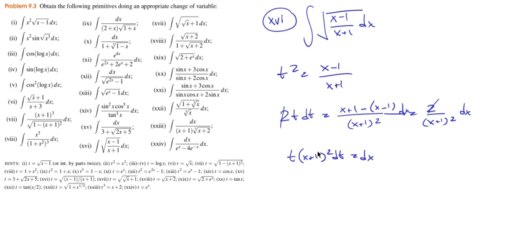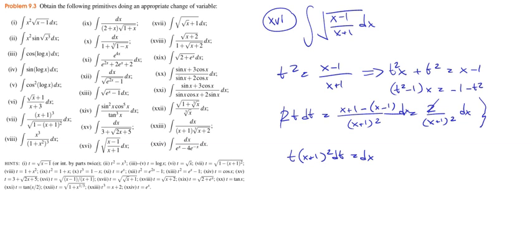So now the question is how to express x in terms of t. So you have to solve this equation. You have t squared x plus t squared equals x minus 1. So this is, let's say, t squared minus 1 times x equals minus 1 minus t squared.